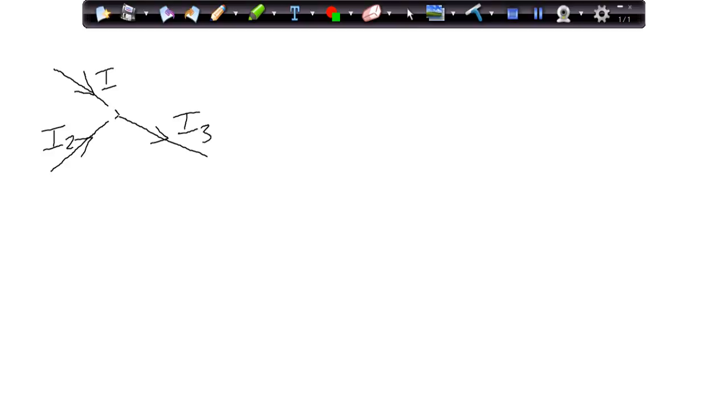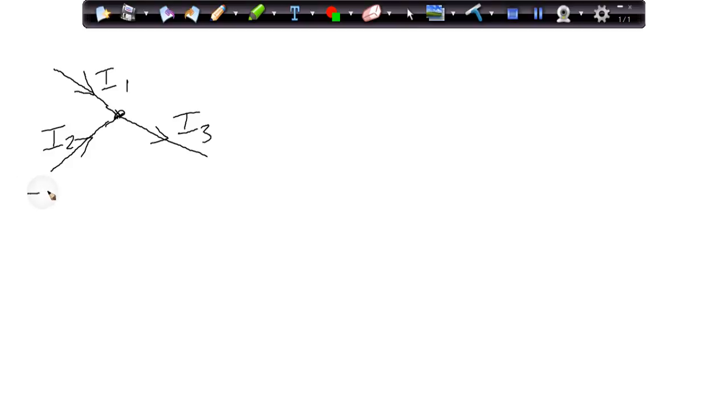the way Kirchhoff would have described this is to say that all of the currents that flow into this node here would equal 0. And for that to happen, I1 would have to be a positive current, I2 would have to be a positive current because they flow into the node, and I3 flows out of the node, so that would be negative.